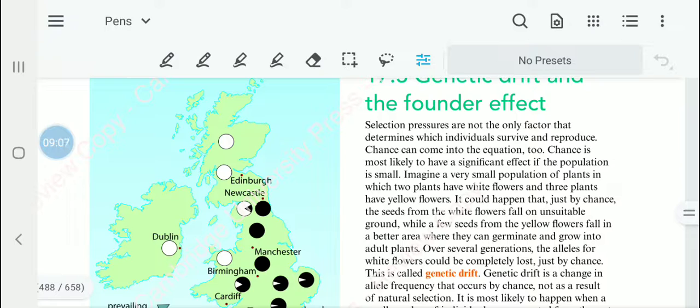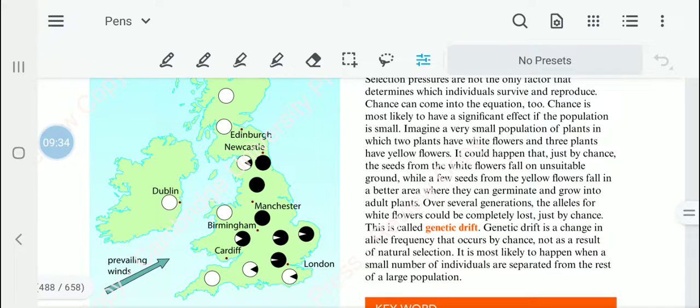So if there is a small population of plants where 2 plants have white flowers and 3 plants have yellow flowers, just by chance the seeds from the white flowers would fall on unsuitable ground, and the seeds from the yellow flowers will fall on a better area, and as a result they will become adult plants.